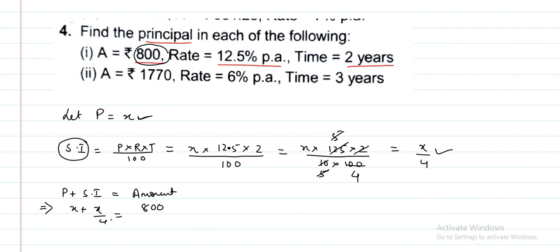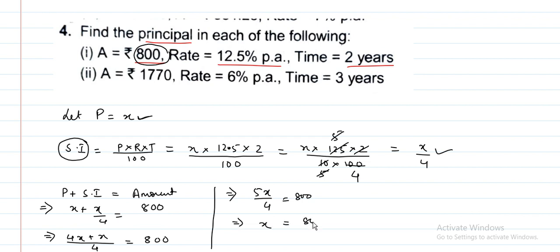Okay, now we'll solve this. If we do LCM, then we'll get x plus x by 4 equal to 800. So it will become 4x plus x, which is 5x by 4, equal to 800. So x will be equal to 800 into 4 by 5.